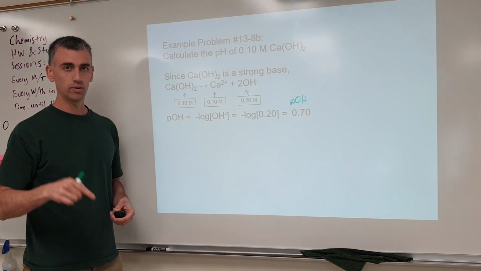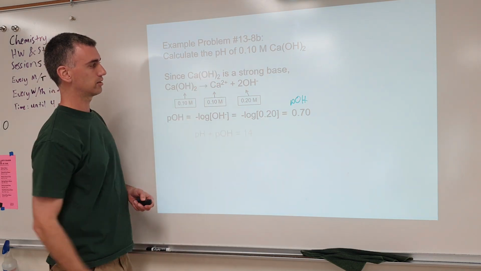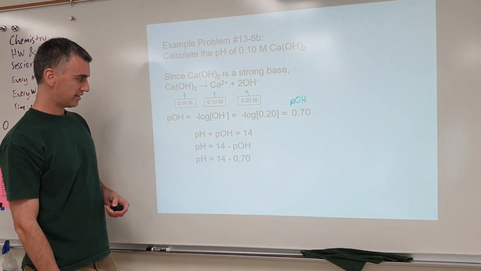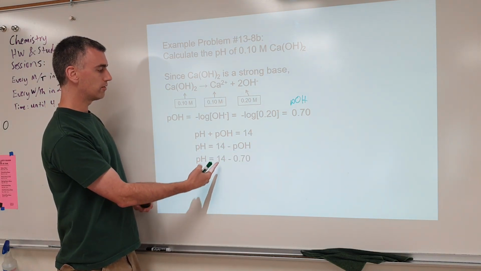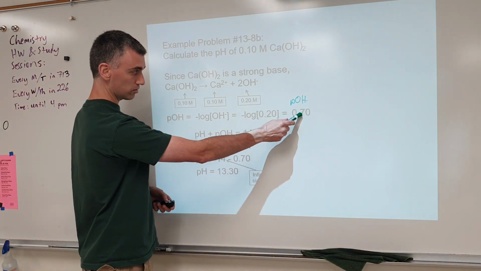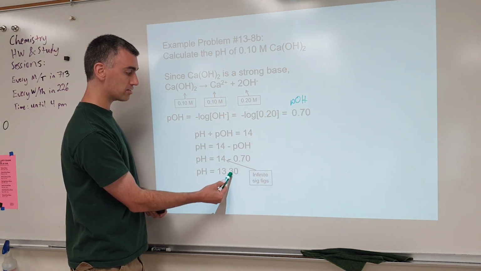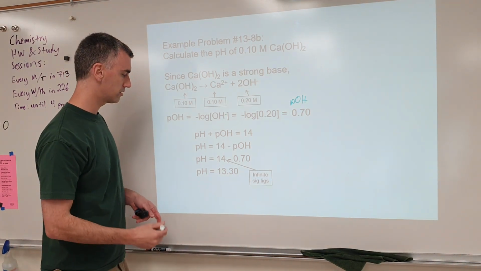Then you have to convert from pOH to pH to get what this is asking for, which means 14 minus pOH gives pH. Again, this goes to the hundredths place, so your final answer needs to go to the hundredths place, because when you subtract, you count decimal places, not significant figures.